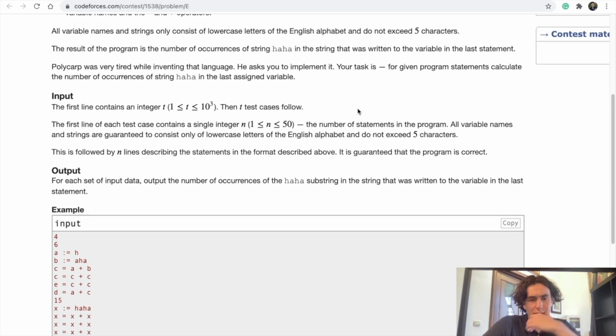Okay, that's kind of weird. Okay, the problem is that the strings can grow exponentially.